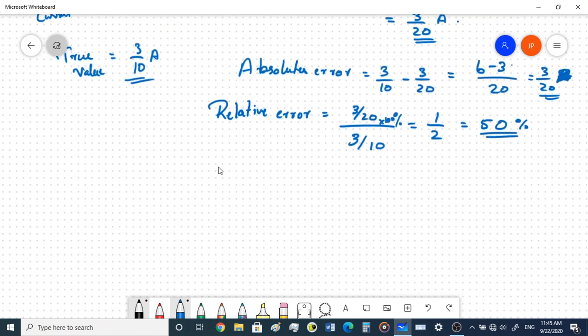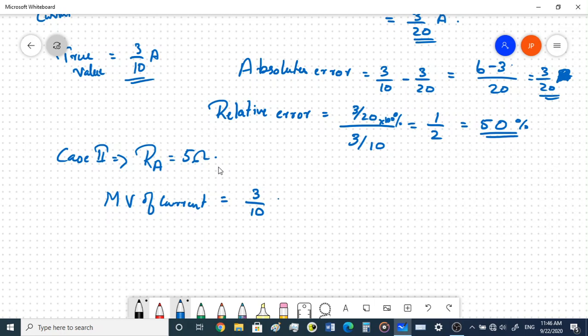For case 2, we are taking the resistance of the ammeter as 5 ohms, right? So if we take the resistance as 5 ohms, the measured value of current would be equal to the total current 3 by 10 into 10 divided by the parallel resistance.